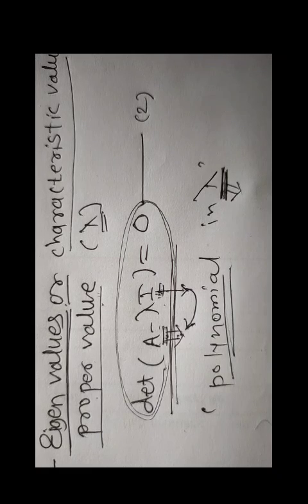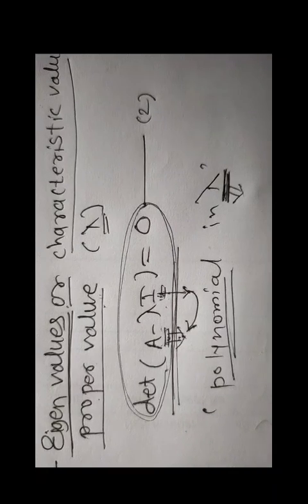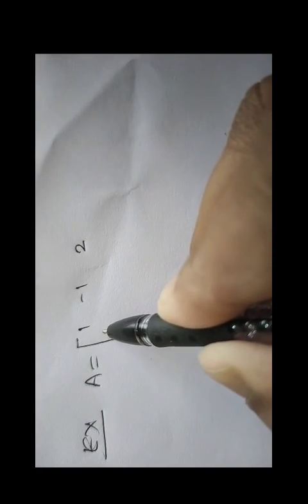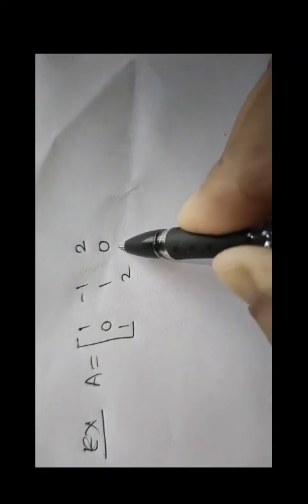Now we try to discuss one example problem. See here, the matrix A is equal to [[1, -1, 2], [0, 1, 0], [1, 2, 1]].